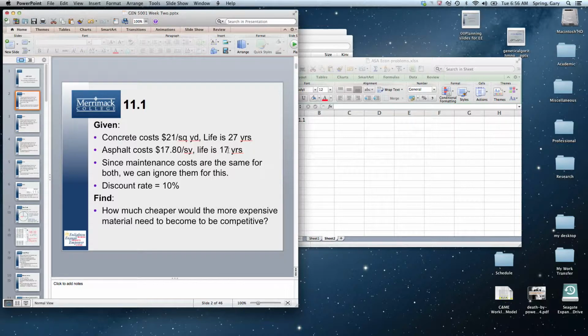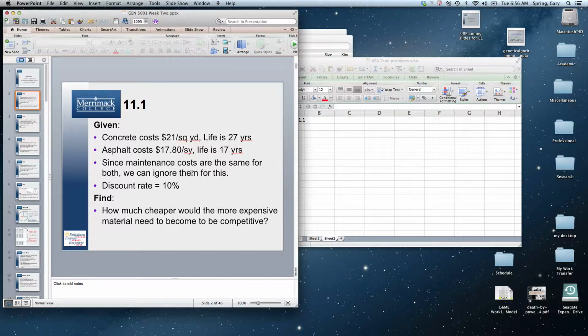Now, once they're repaved, the life between repavings, if you will, is equal. Asphalt lasts for 17 years. Once we pave the concrete with asphalt, it's an asphalt pavement, and it's going to last for 17 years. So both alternatives are equal after the first repaving.